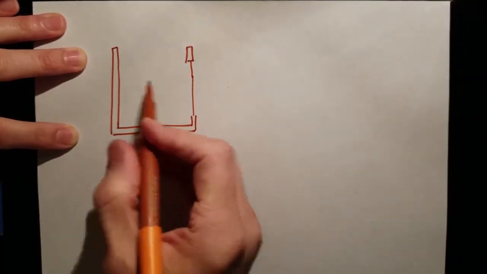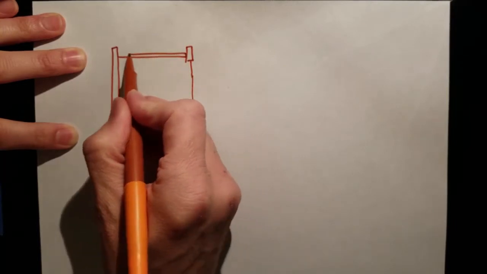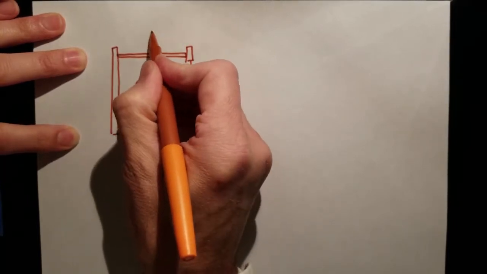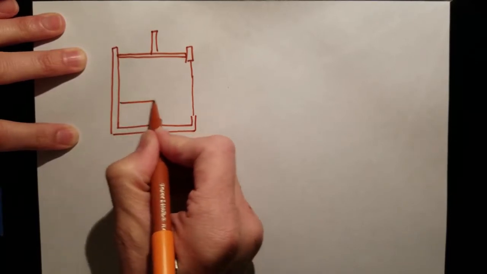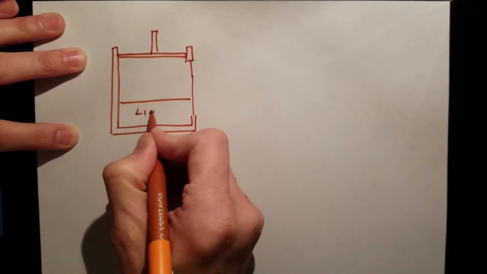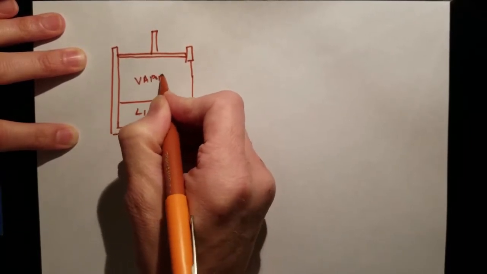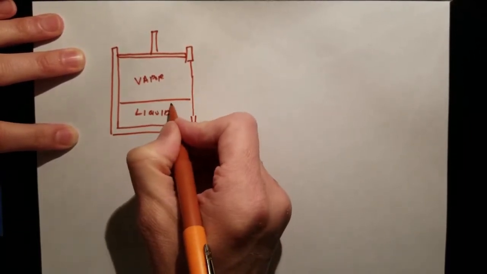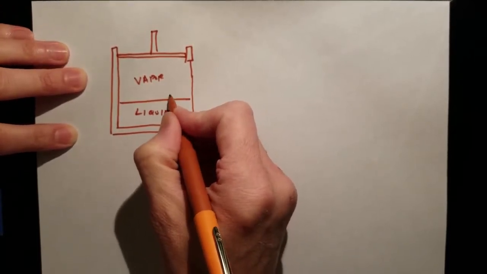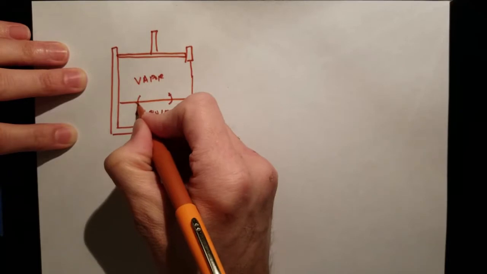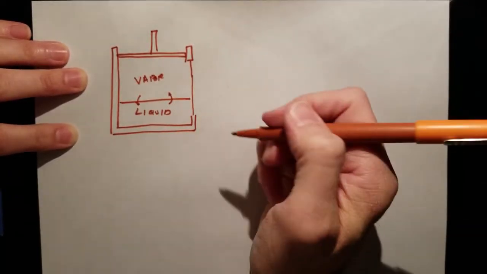And in this piston system, we've got a plunger. And in this, we have liquid and vapor. The liquid and the vapor are in equilibrium, and constantly you've got some liquid coming up and becoming vapor, and some vapor coming down and becoming liquid.